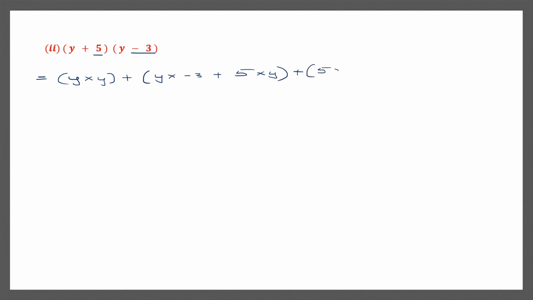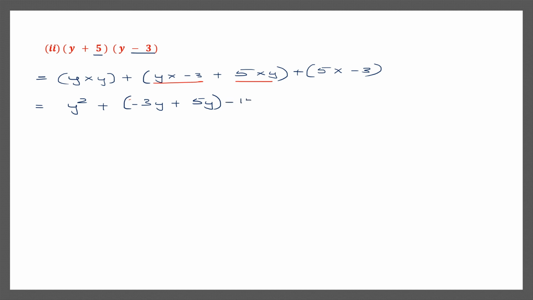So y into y is y square plus y into minus 3 is minus 3y. So let's write that again within brackets, minus 3y plus 5 into y is 5y. Plus, now on the other side we have 5 into minus 3, which is minus 15.